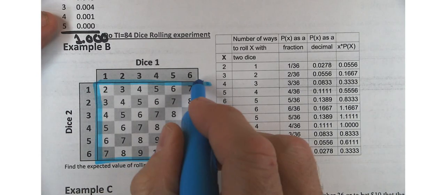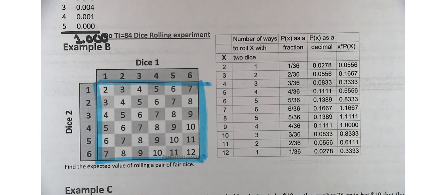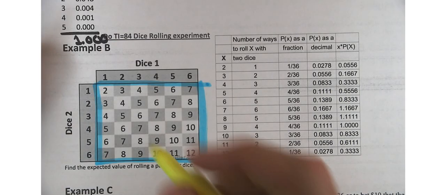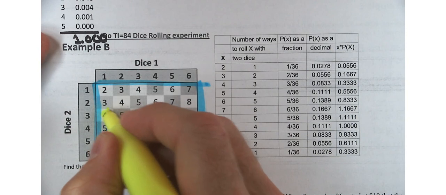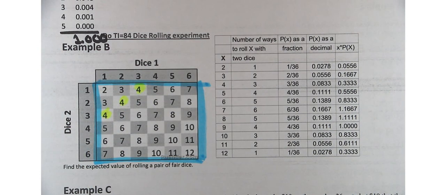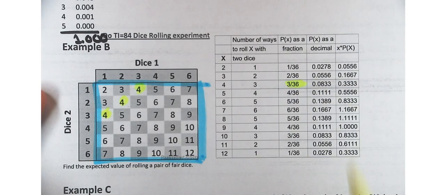How many things are there in my sample space here? How many different possible combinations or events are there? 36. And if I wanted to, for instance, figure out the probability of a 4, since all these events are equally likely, the probability of a 4 is 3 out of 36.